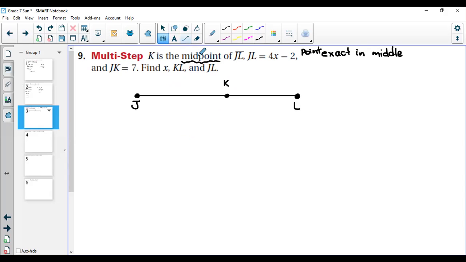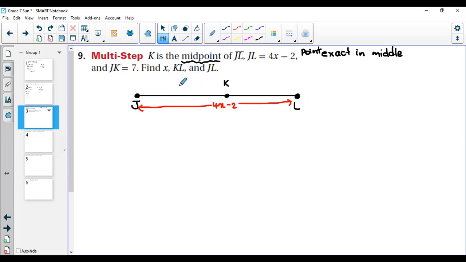Okay, so now let's write down the values of the distances. JL, that's the whole length. JL is 4x minus 2. So the length of the whole line is 4x minus 2. JK is 7.